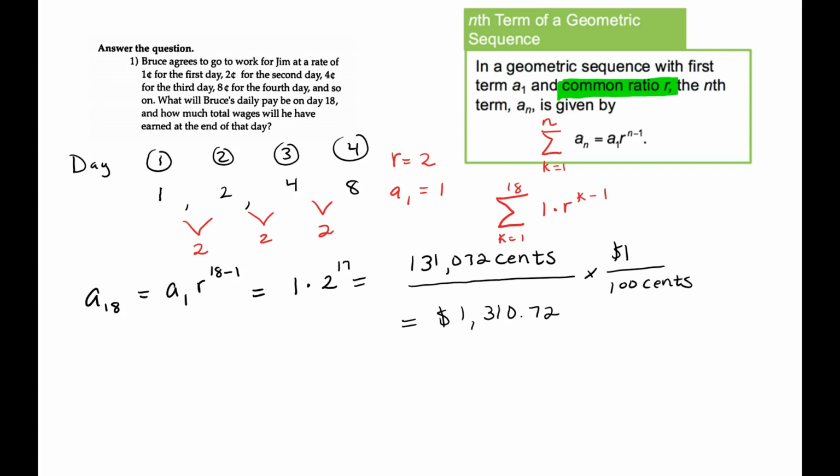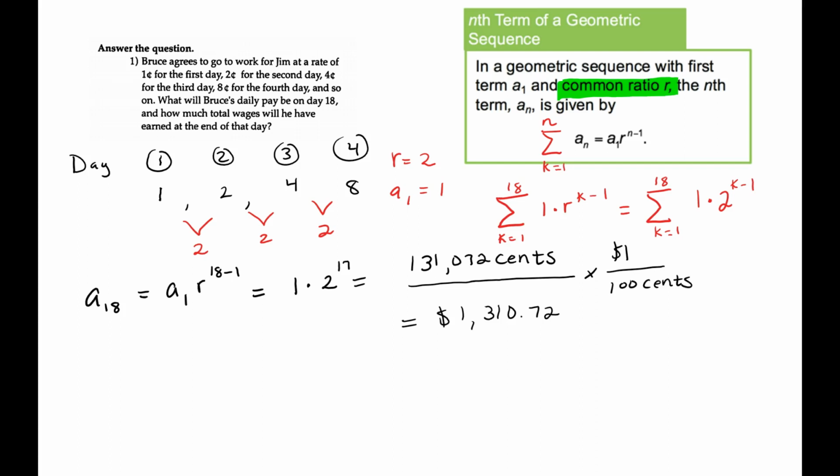Well, what was r again? r in this case was 2, so we're going to say from k equals 1 to 18 of 1 times 2 to the k minus 1.